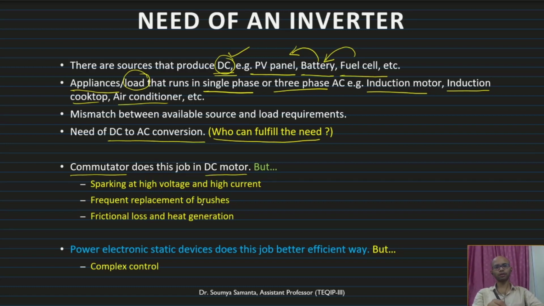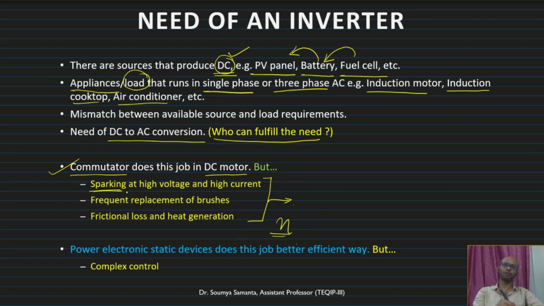This commutator does a similar type of job, but there are certain problems associated with the commutator, which have already been discussed in the DC machine. And this commutator is quite old technology where the loss is more, it is quite lossy. So efficiency is less. So what are the problems?